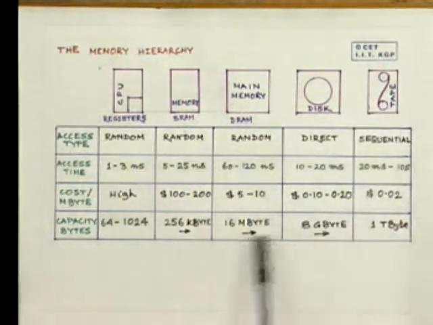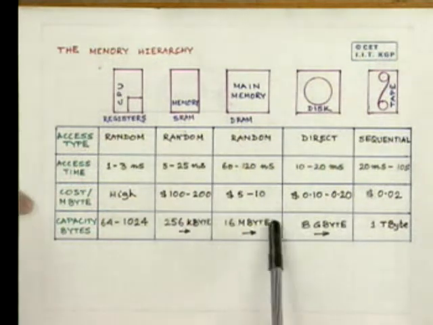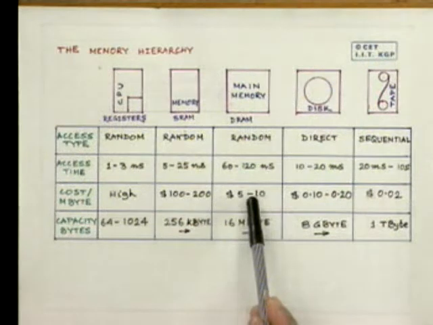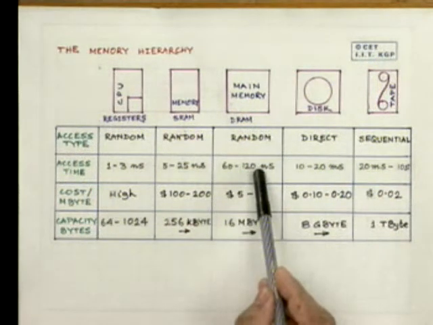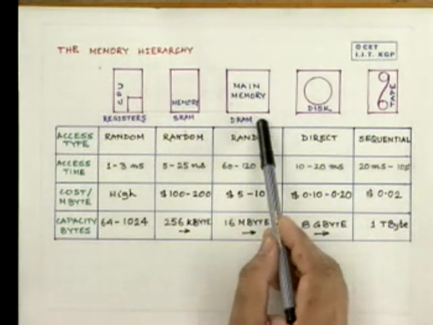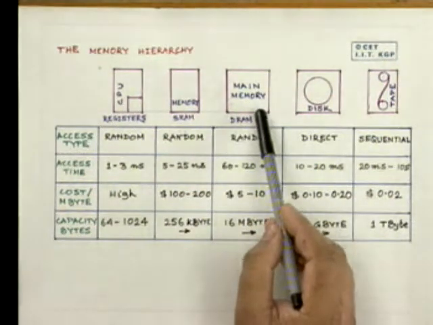Now let us see, as I said, because the cost here is low and access time is tolerable, the main memory is generally constructed of the DRAM.